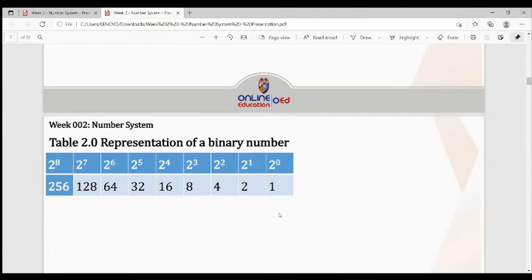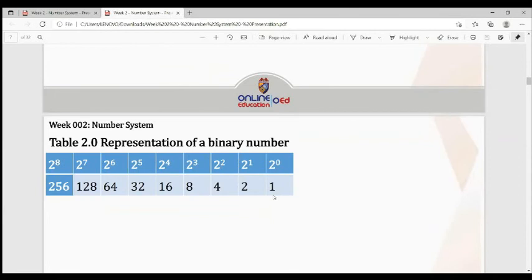So the first one is 2 raised to 0. 2 raised to 0 is equal to 1. Any number that is raised to 0 is equal to 1. And next to that, we have 2 raised to 1, that is 2. So 1, 2, 4, parang i-double-double mo lang siya para makuha mo yung equivalent niya. So pag 0 yun, wala siyang value.